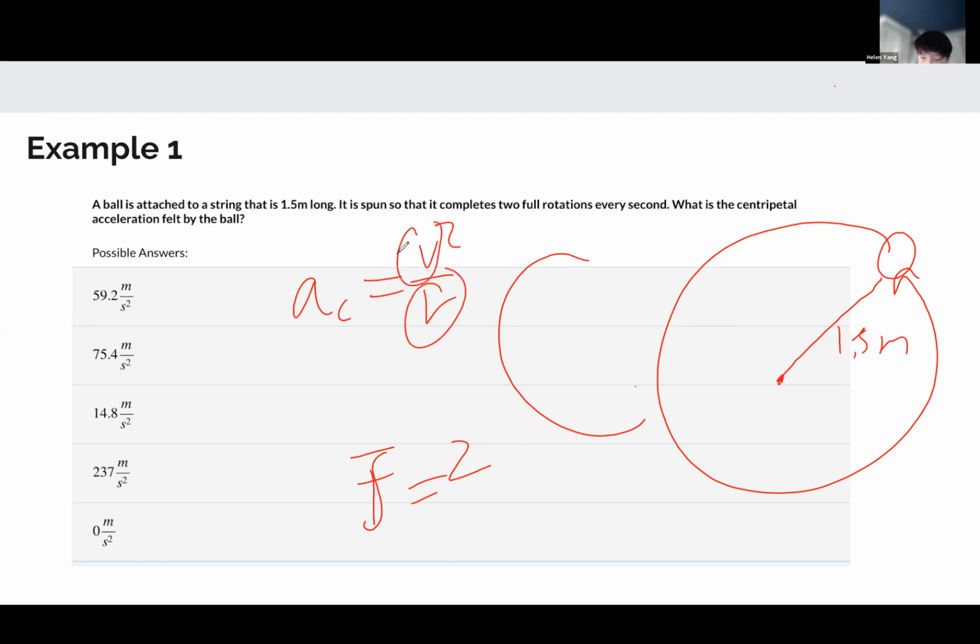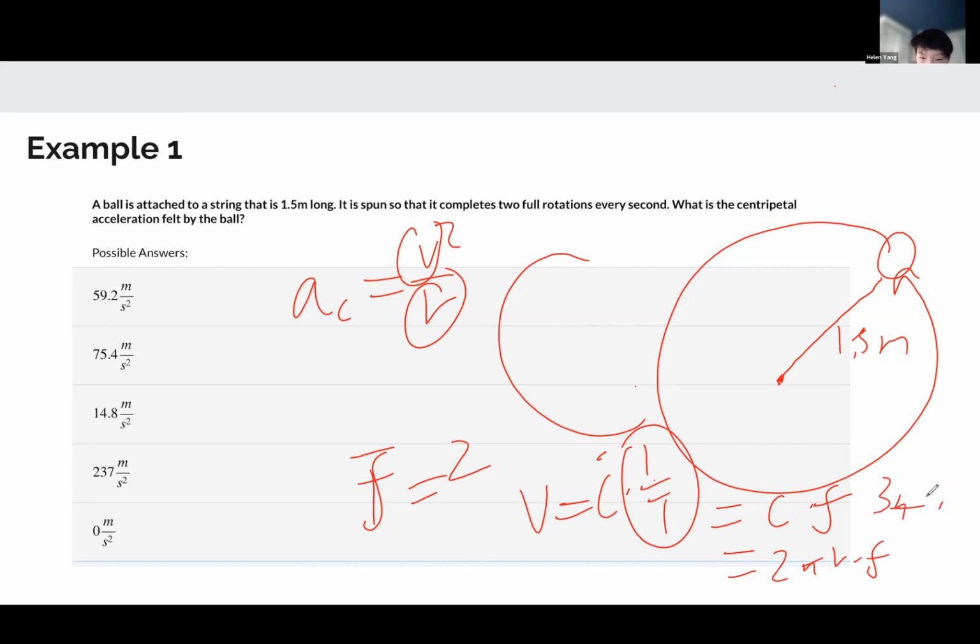So based on the equation we found before, v equals the circumference times the frequency, or 1 over T. We can write that as 2 pi r times f, or 3 pi times 2.